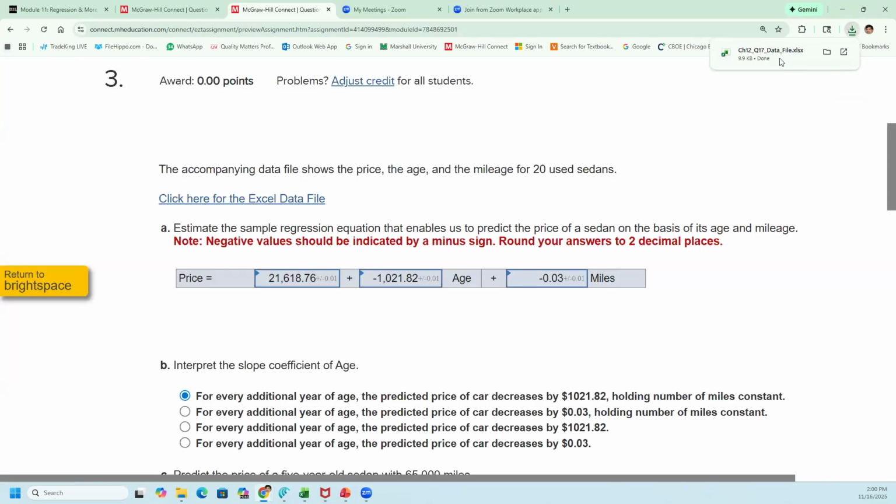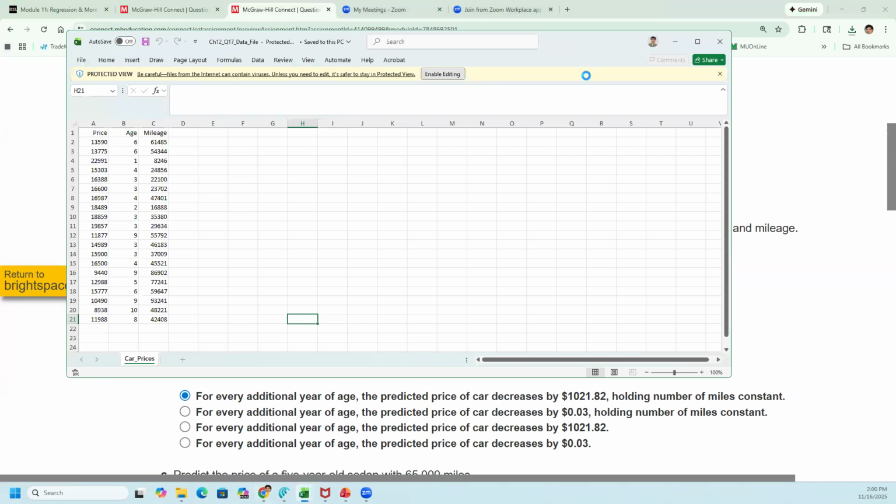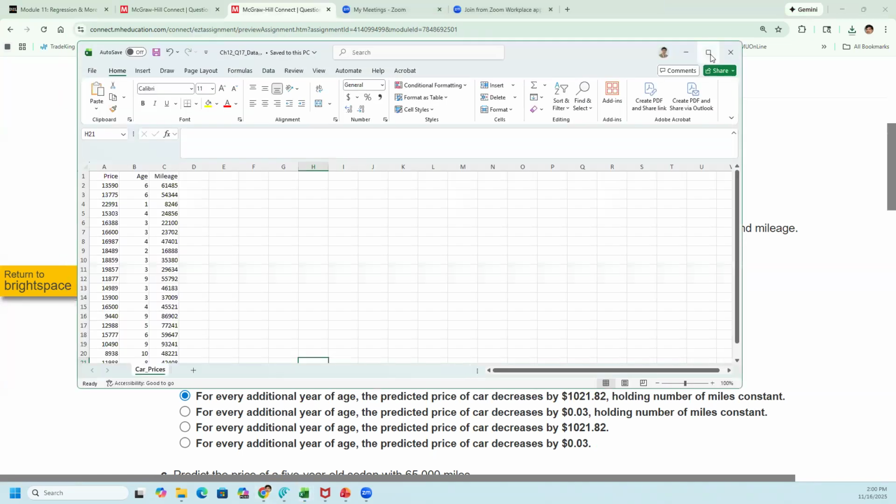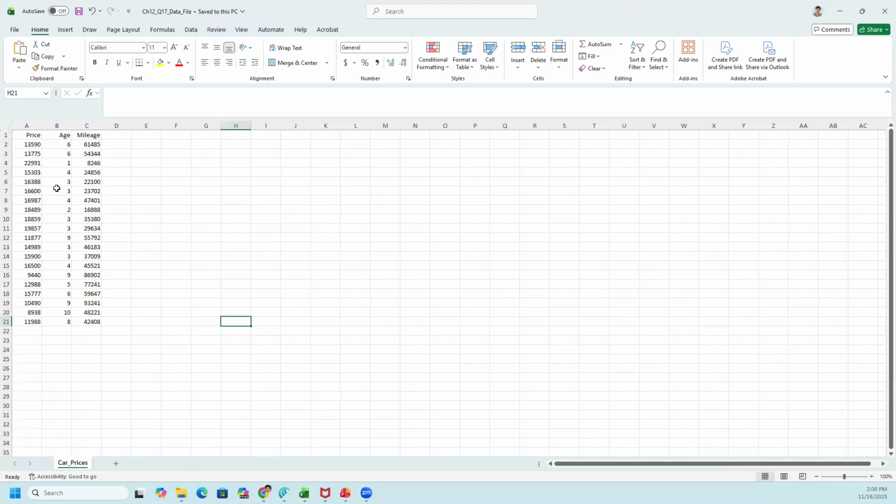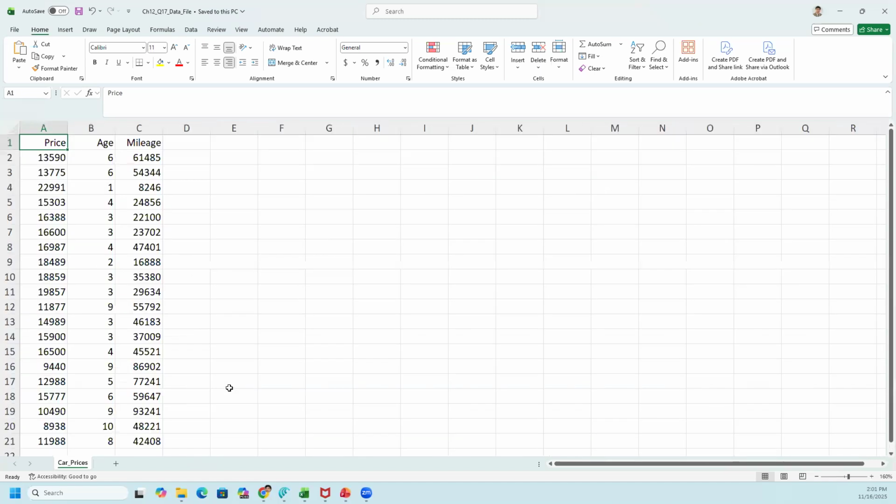So again, you can download the data, run the regression. What we are saying is that the price of the sedan, the dependent variable y, can be explained by the age of the car and the mileage on the car.